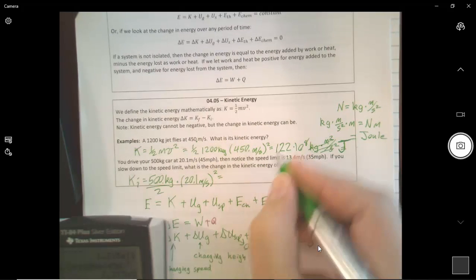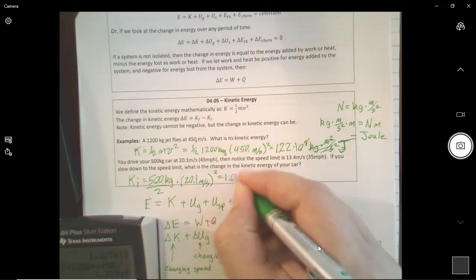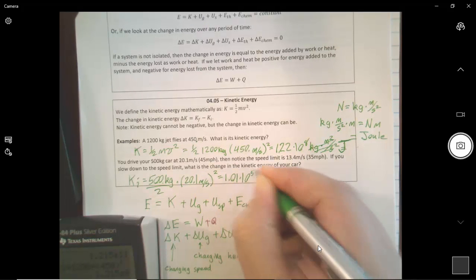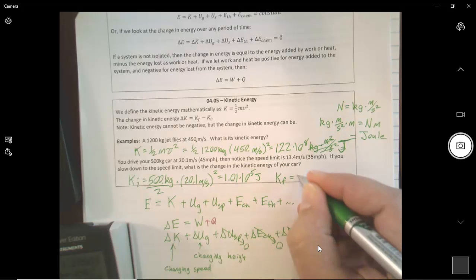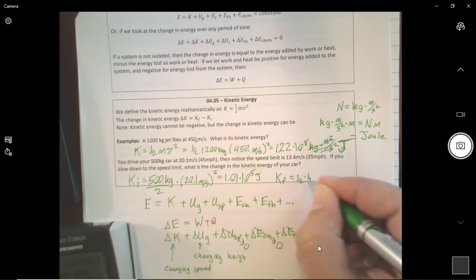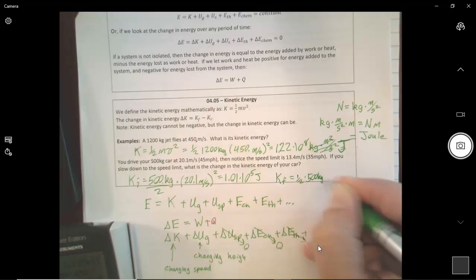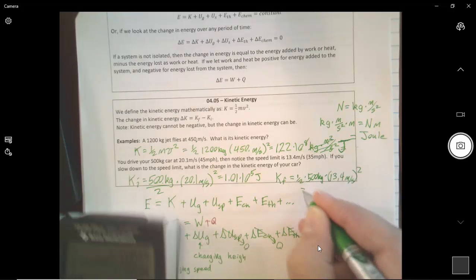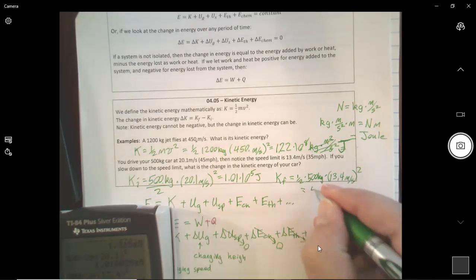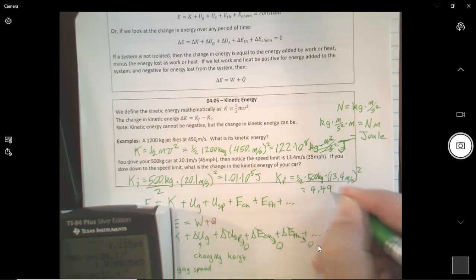And so that is 1.01 times 10 to the 5 joules. And then Kf is equal to 1/2 times 500 kilograms times 13.4 meters per second squared. And that is equal to 4.49 times 10 to the 4 joules.